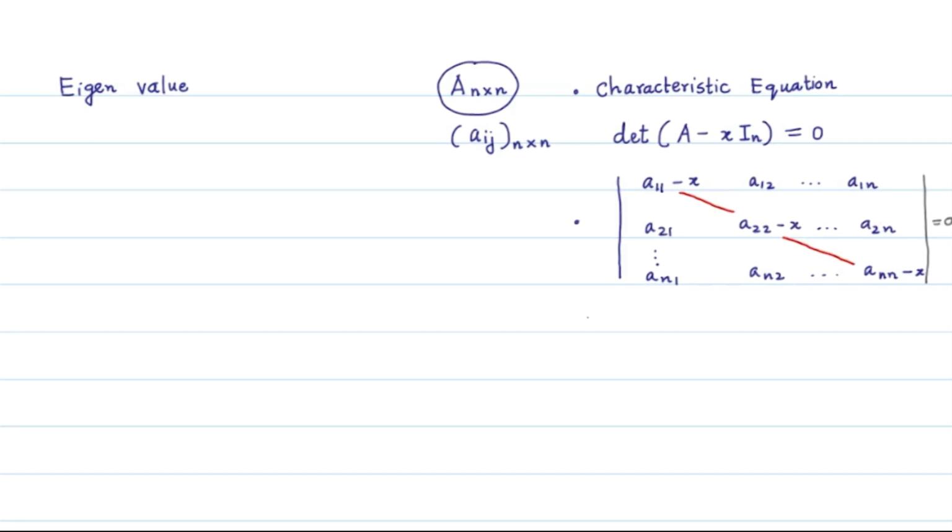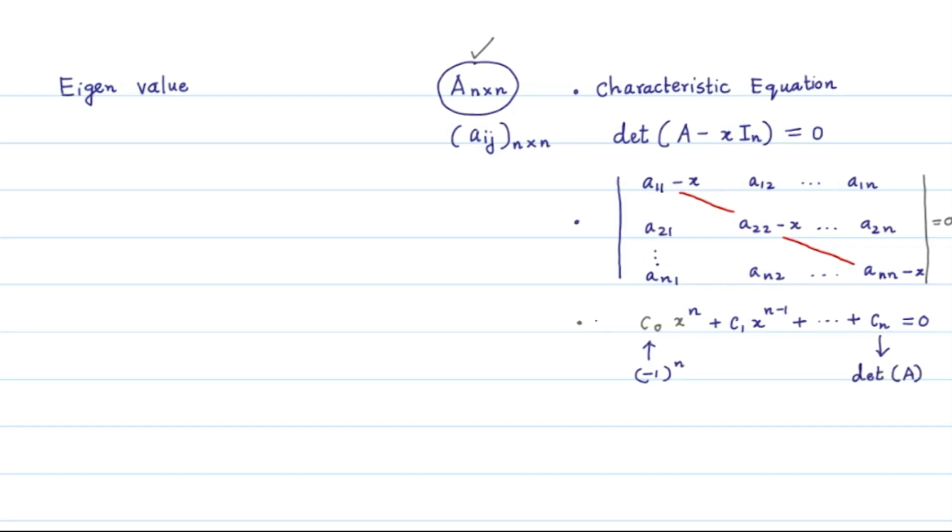We note that for a given square matrix of order n, its characteristic equation is given by a polynomial of degree n, where this C0 is equal to minus 1 to the power n, and this Cn is obviously the determinant of the matrix capital A.